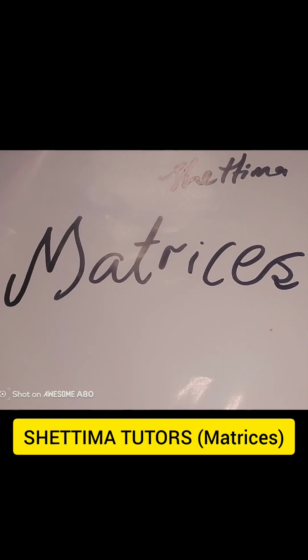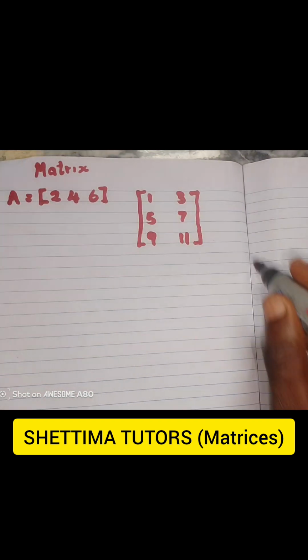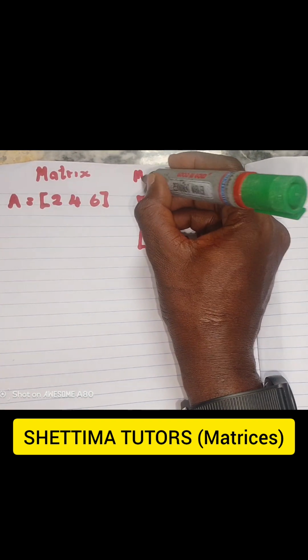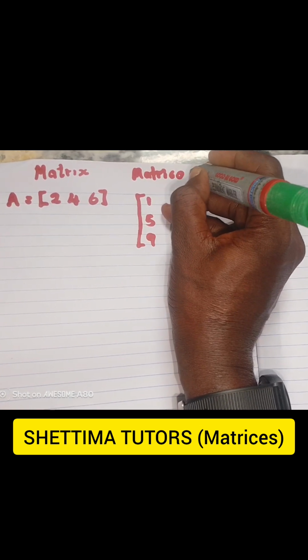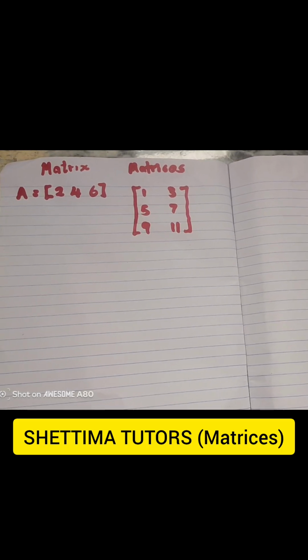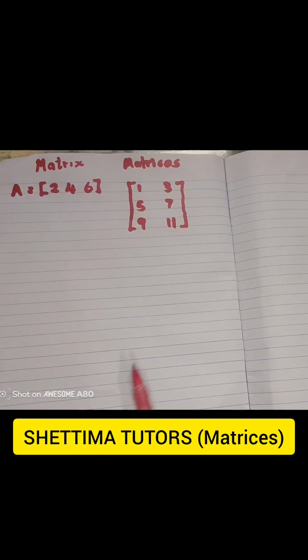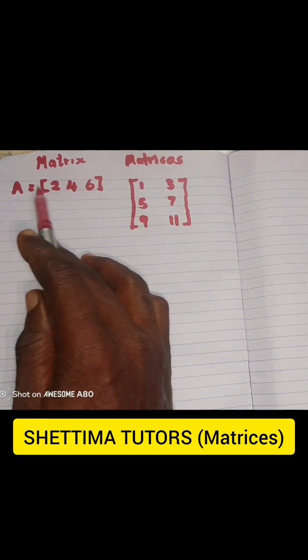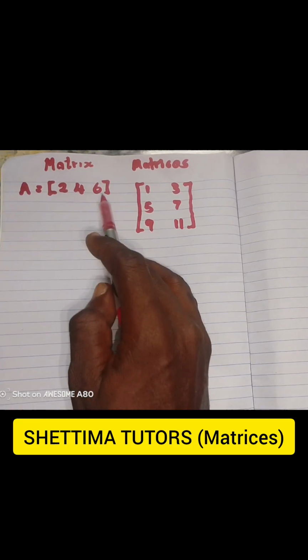Welcome to Tutors. Today we'll be talking about matrices. Matrix, singular; matrices, plural. A matrix in mathematics is a rectangular array of numbers, letters, or expressions arranged in rows or columns.